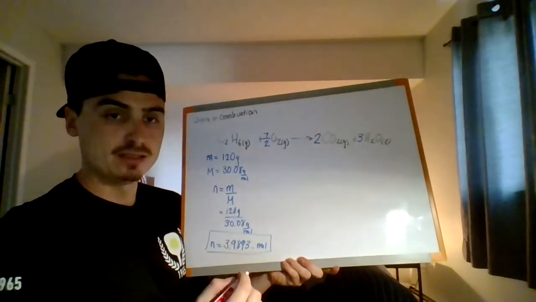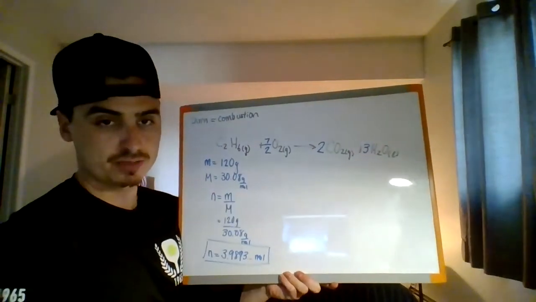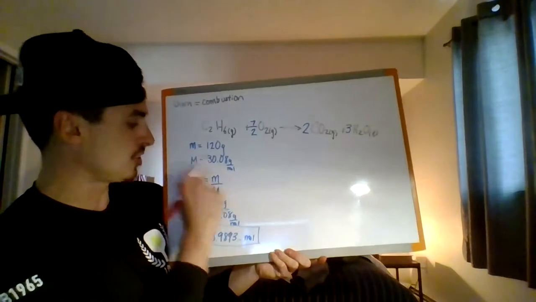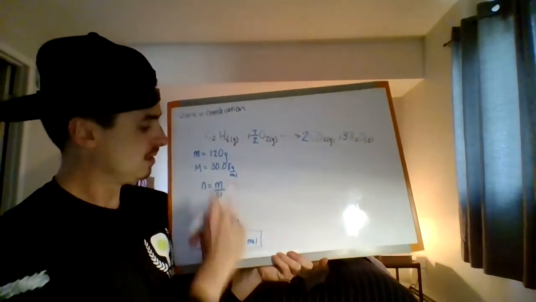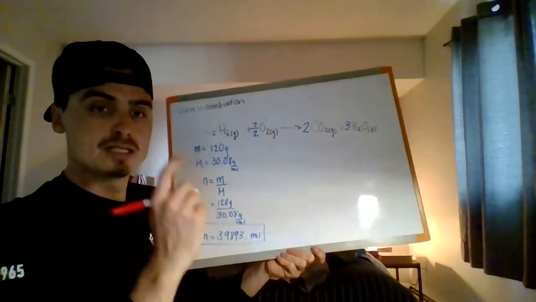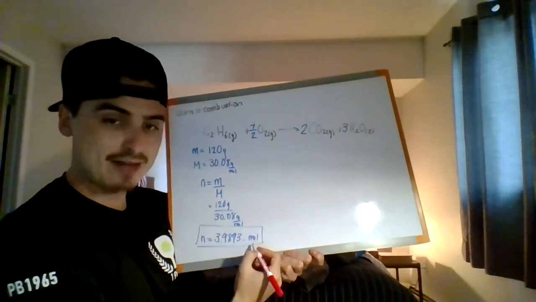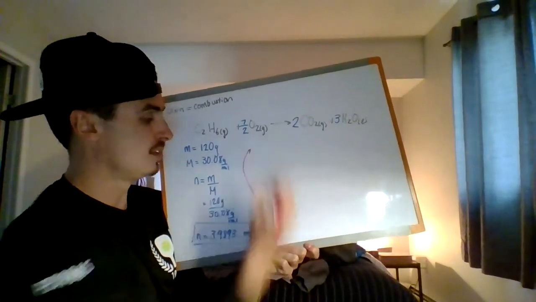In this question, it's asking us to figure out the mass of oxygen. Well, if I want to figure out the mass of oxygen, if I just look at this equation, I need moles, molar mass. Molar mass, easy. Periodic table. What about moles? To figure out the moles of something you do not know, you have to use the molar coaster and something we do know. Okay?